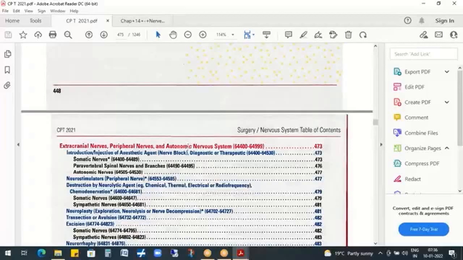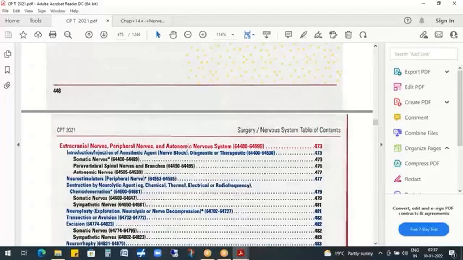In that, first, neurorrhaphy. R-R-H-A-P-H-Y. Neurorrhaphy. Rhaphy means suturing. Suturing of nerve. If you want, what is the meaning of neurorrhaphy? Suturing of nerve.